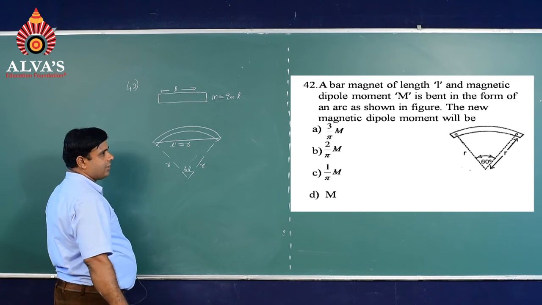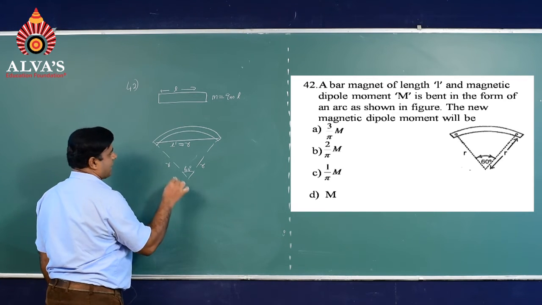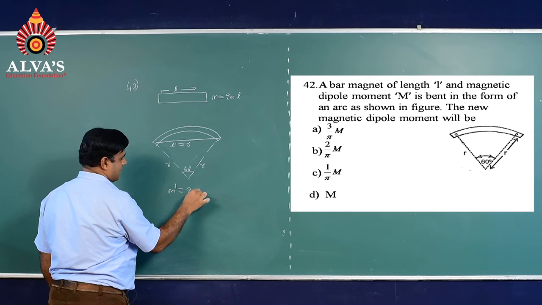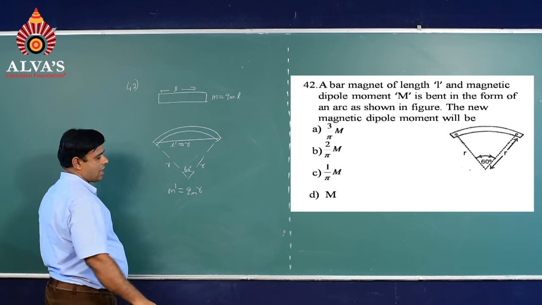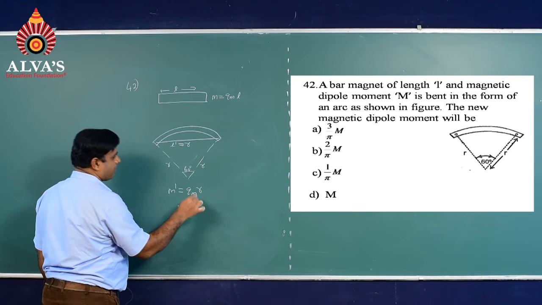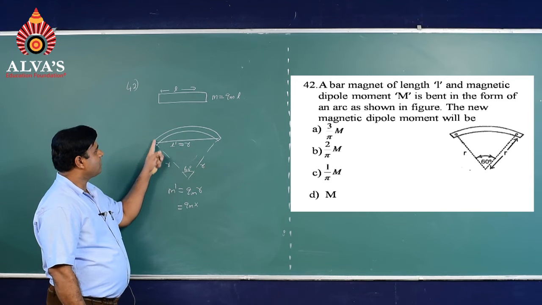So you have to calculate the new magnetic dipole moment M dash, which is nothing but qm into L dash, equal to R, which is equal to qm into R. R can be written in terms of the arc.